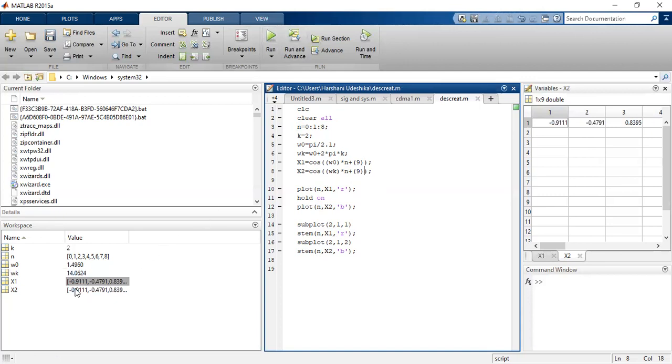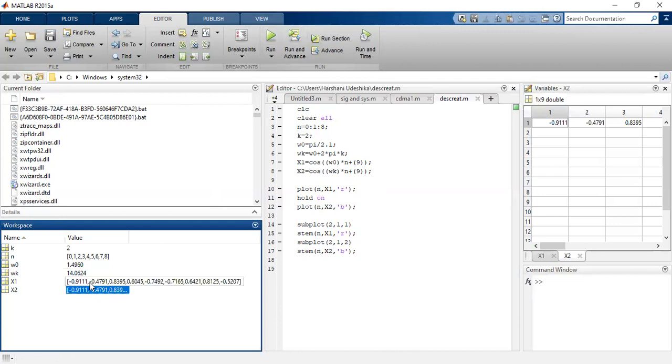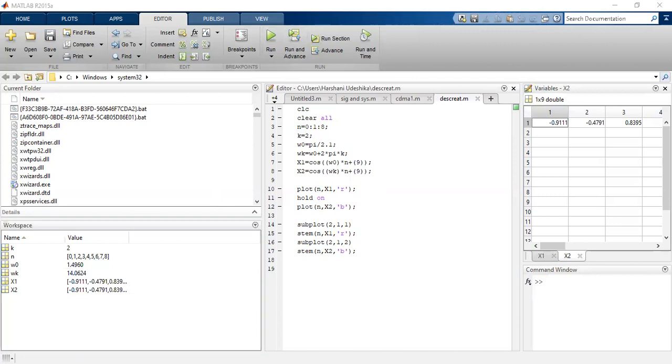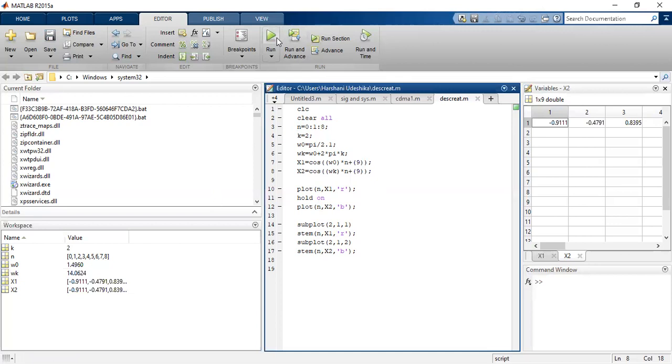So this one and this one match exactly, and you will get the same plot for both signals. Try to get that idea.